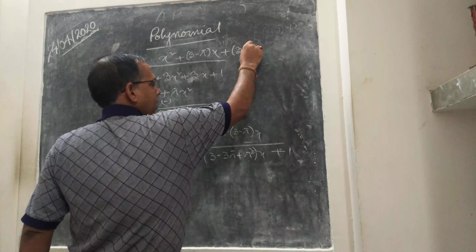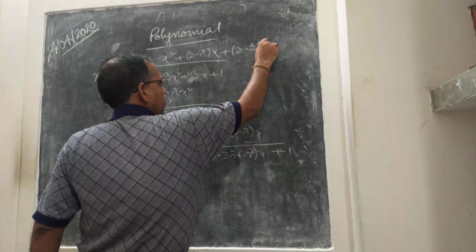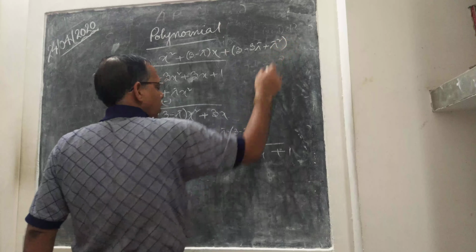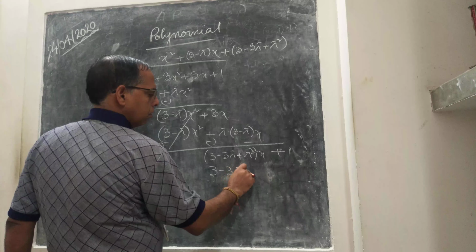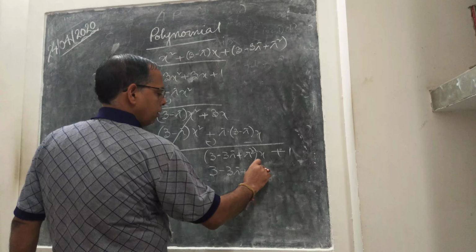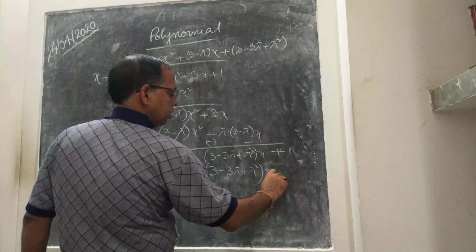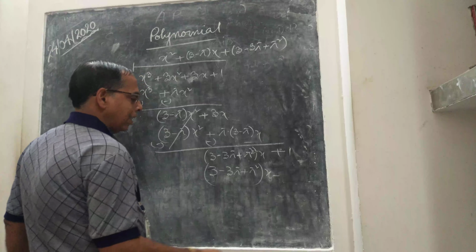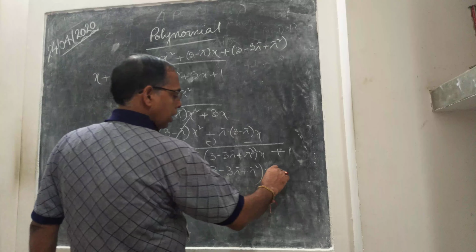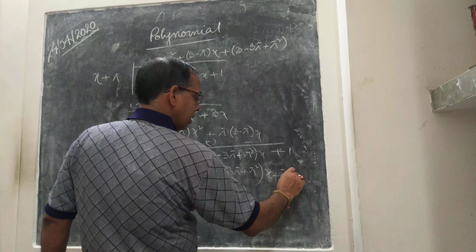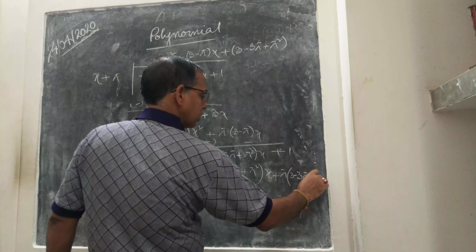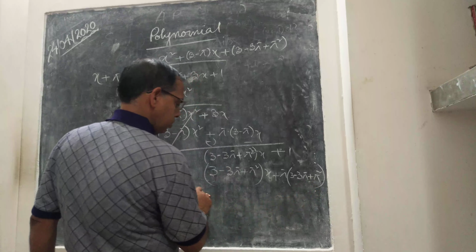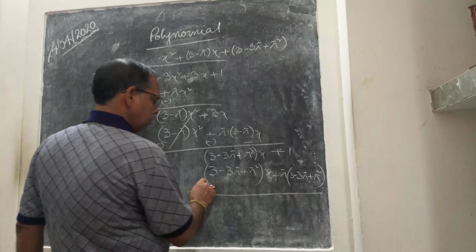3 minus 3π plus π², so (3 − 3π + π²)x plus π(3 − 3π + π²). Then what is that?